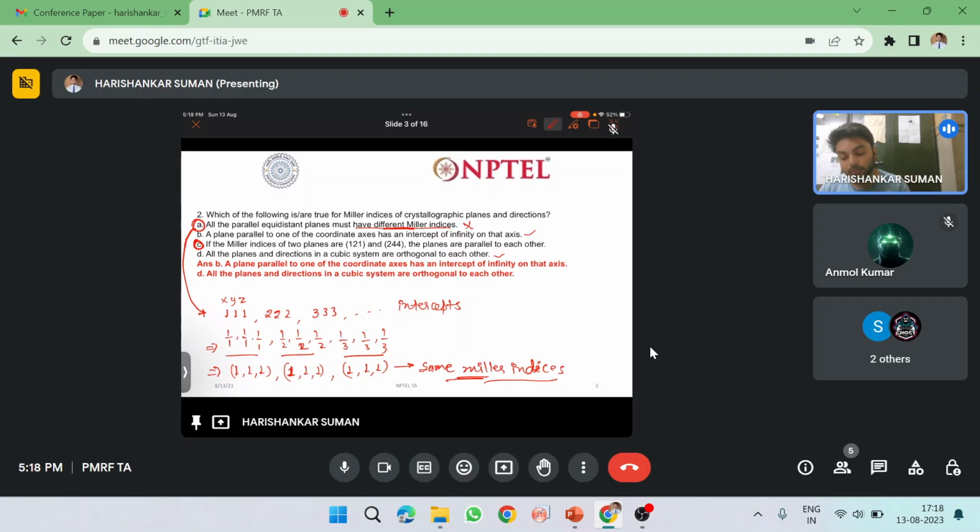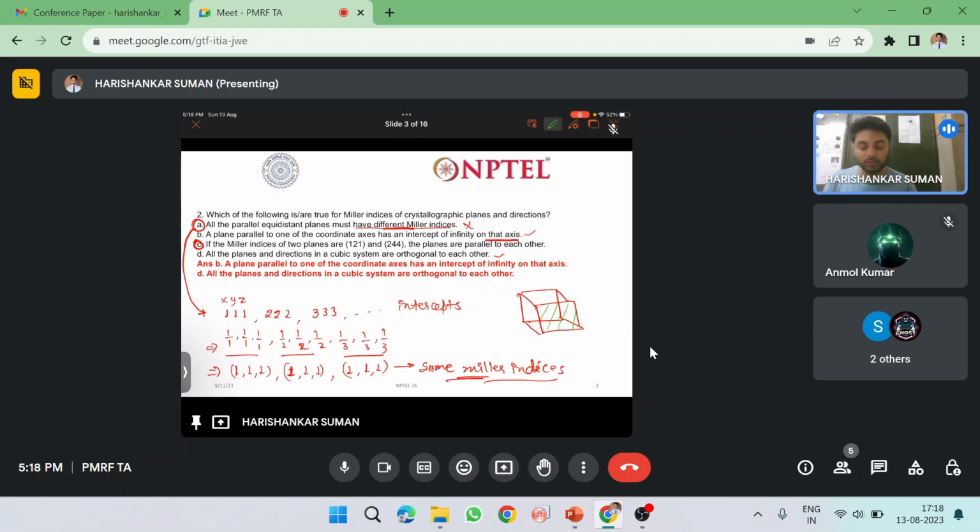We can draw our plane. Similarly for B: a plane parallel to one of the coordinate axes has an intercept of infinity on that axis. Let's say we draw and take this plane.